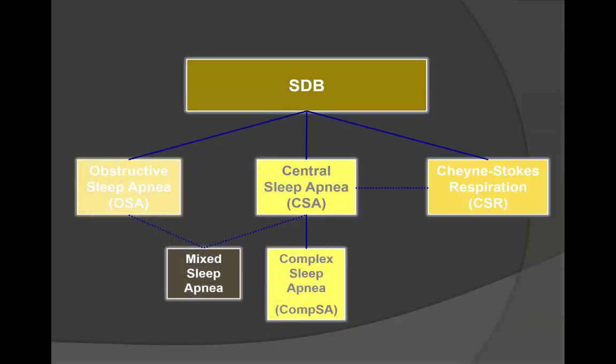Now, the bigger umbrella is, of course, sleep disordered breathing, but under sleep disordered breathing you have multiple segments. One is obstructive sleep apnea, central sleep apnea, and Cheyne-Stokes respiration. Under the obstructive component and central, you have the mixed component, but under the central apnea, that's where the complex sleep apnea lies. Okay.